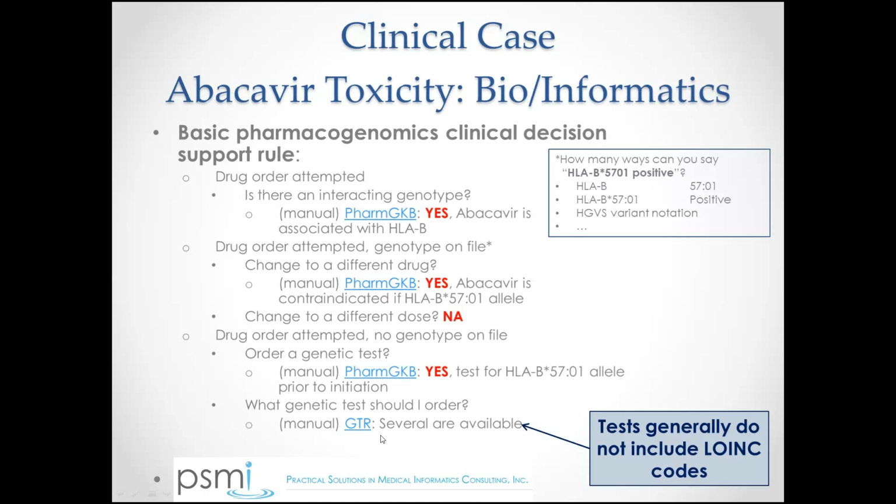And so, to me, an ideal scenario would be you identify test results, but then you align those back to orderables in your EHR to just enable the clinician to click on the particular order. But the GTR resource generally doesn't have LOINC codes, and so the process of identifying a test in GTR and then figuring out exactly what you would need to order in your EHR also remains a bit of a challenge.